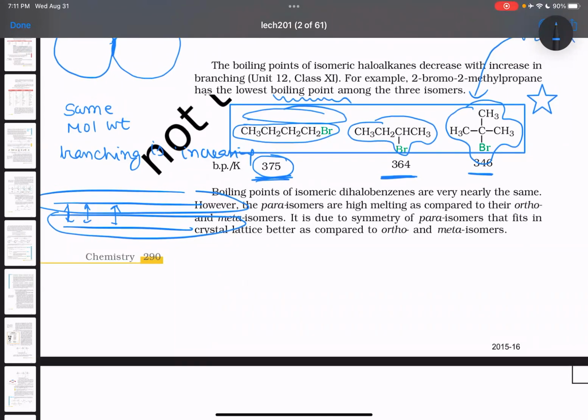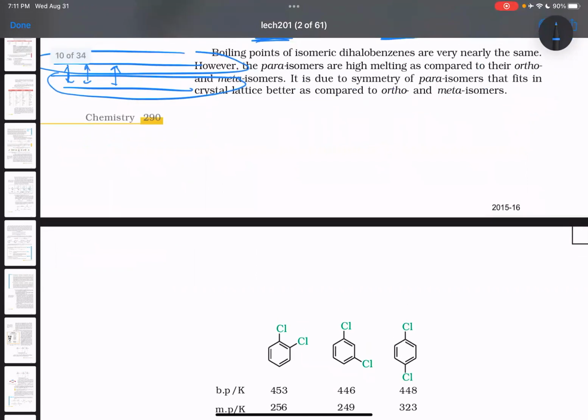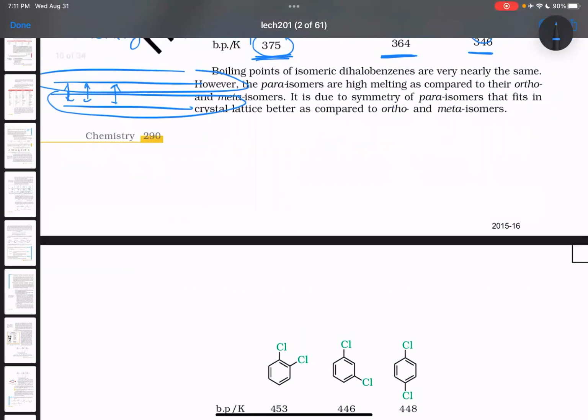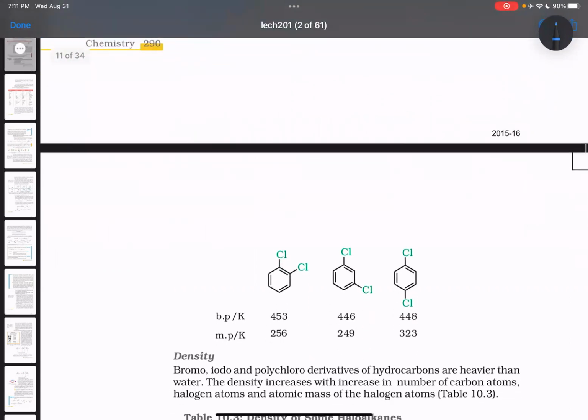Okay, and in benzene isomers, you need to check their polarity for boiling point and melting point. So this is the ortho isomer, this is the meta isomer, and this is known as para isomer.